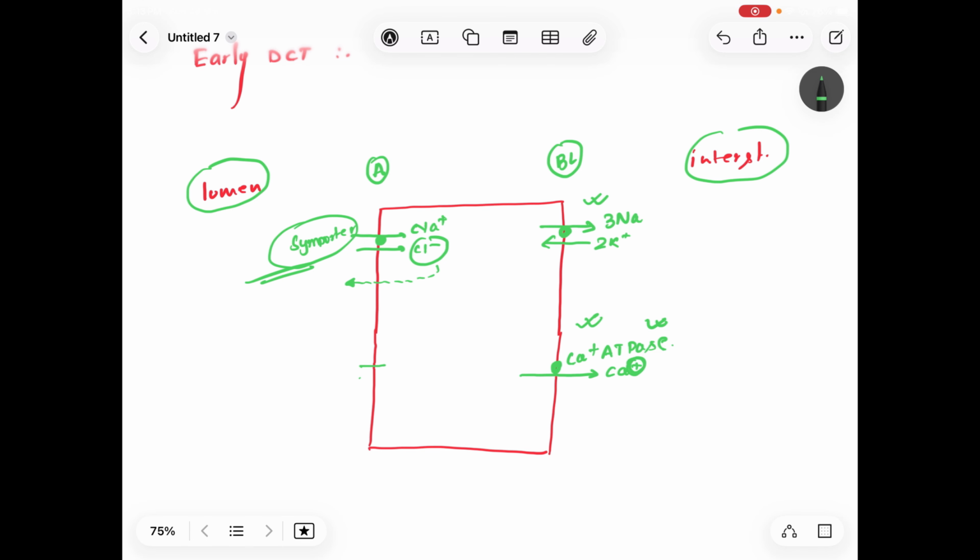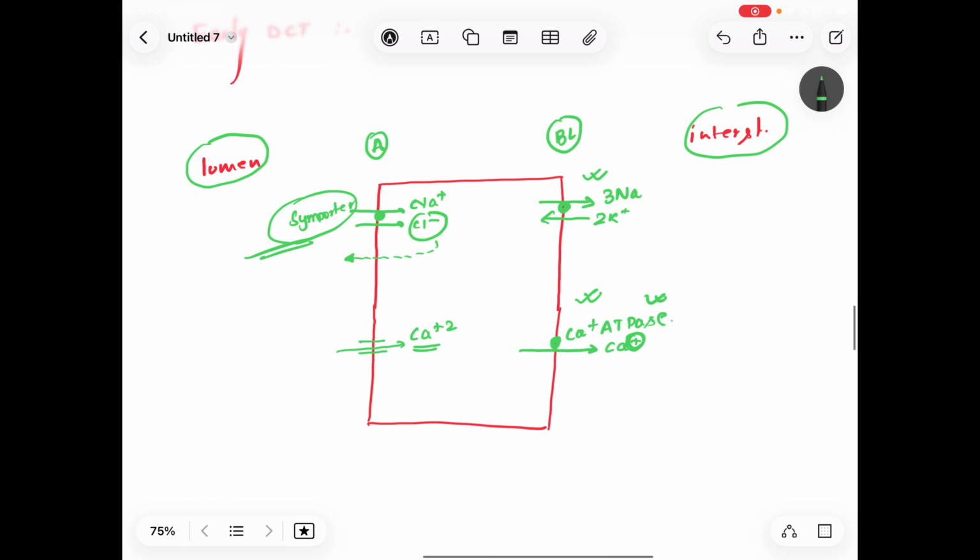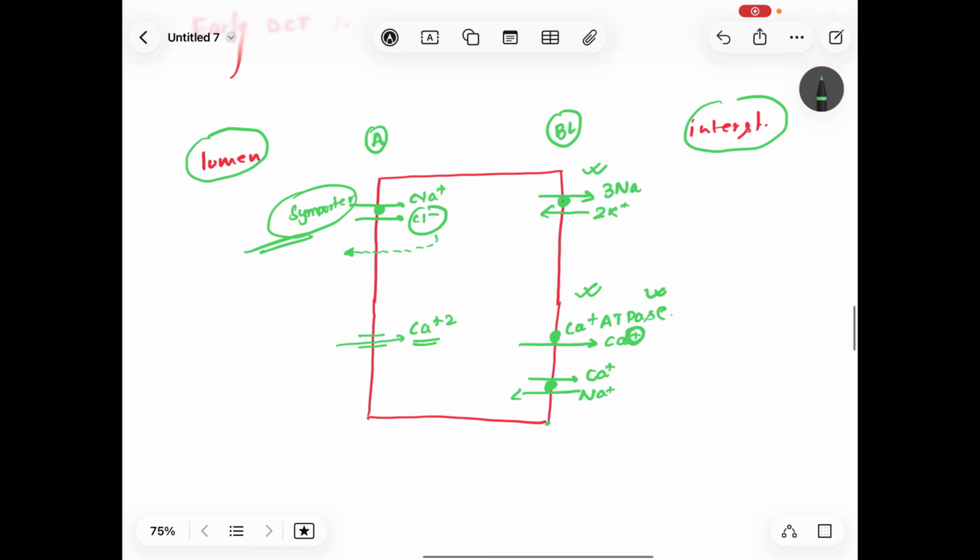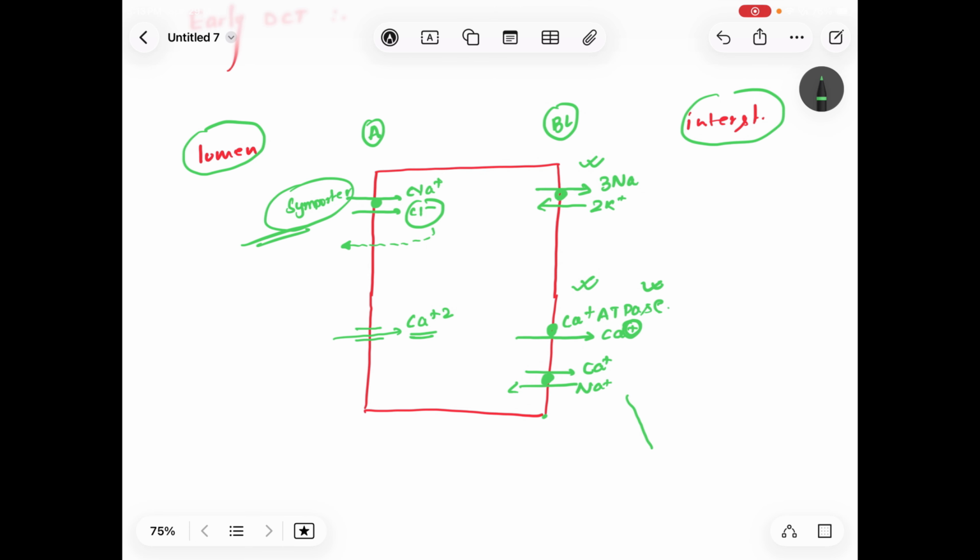So from the luminal side, there is absorption of calcium. And one more transporter located in the basolateral surface is the calcium sodium antiporter. Why is this important? Because this is the site where PTH, parathyroid hormone, acts and it increases calcium reabsorption.